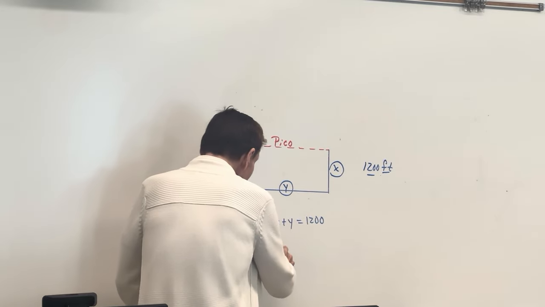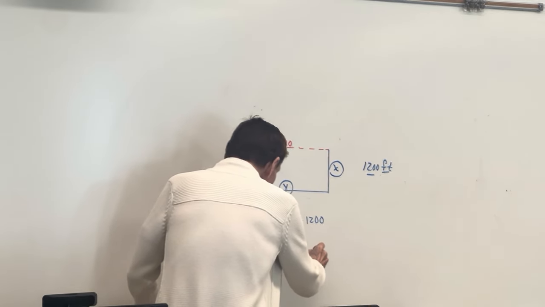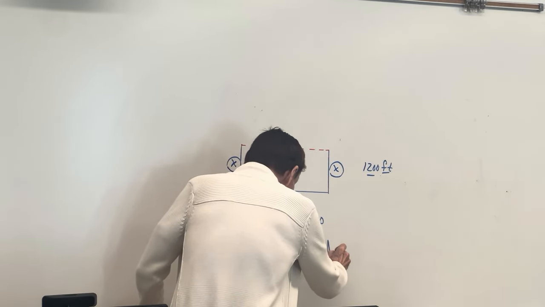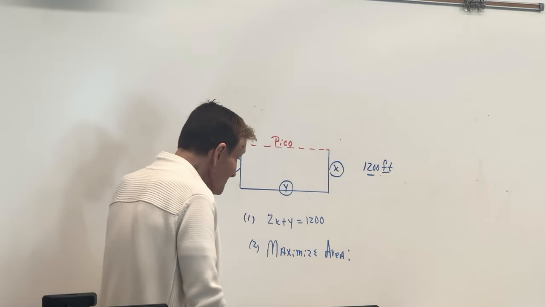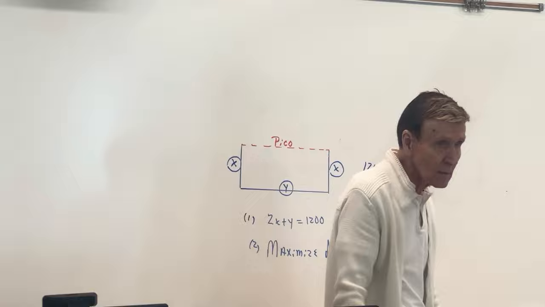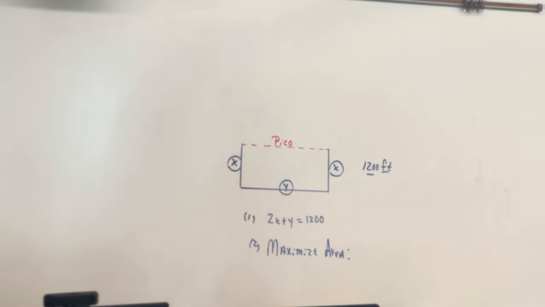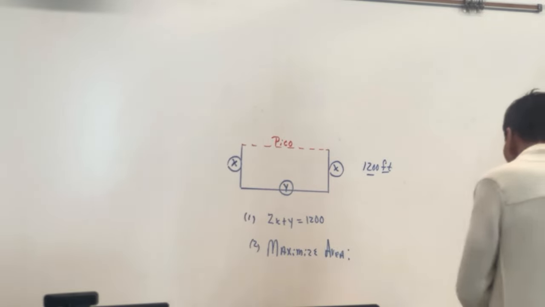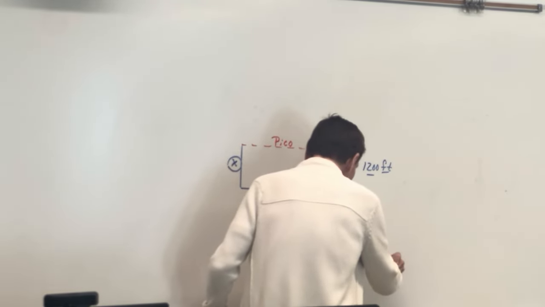Number two, they want you to do this: now maximize the area inside there. Maximize the area. How do you find the area of a rectangle? Length times width. Of course, length times width, middle school kids would say, oh, no problem, it's length times width.